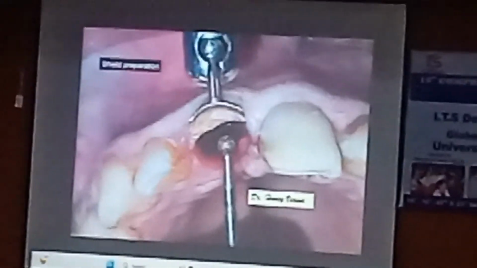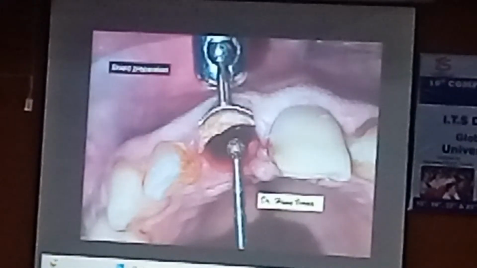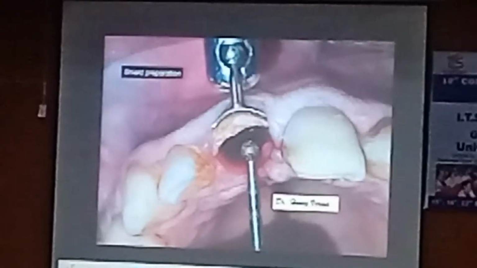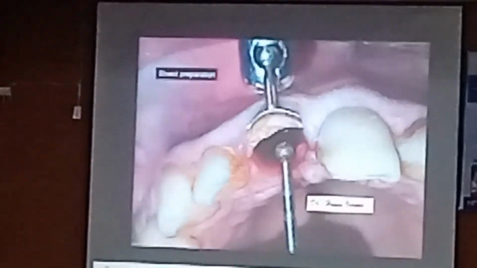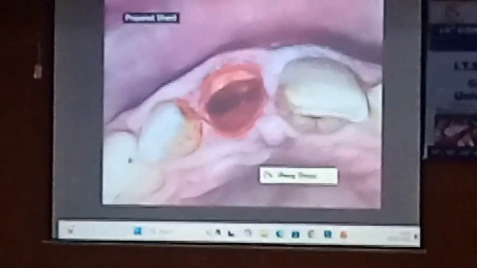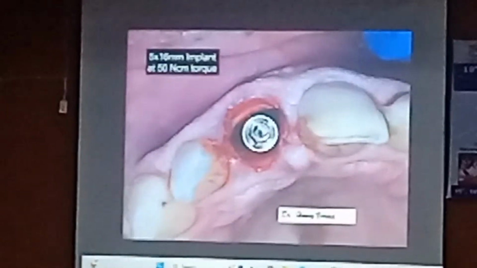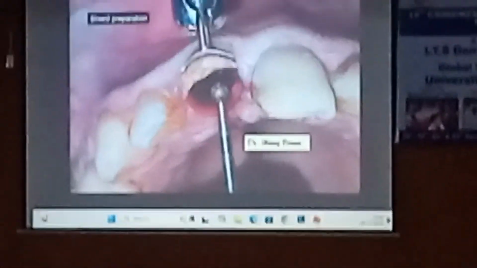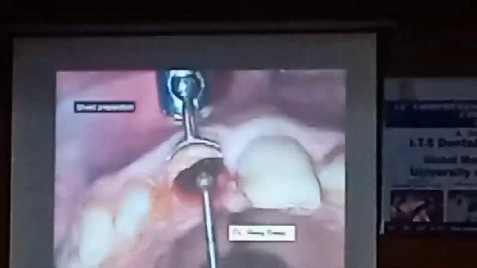What happens if we remove this part? There will be chance of buccal wall fracture. At the same time, this soft tissue contour will be lost because you fracture the bone, the buccal plate is gone, the soft tissue collapses, which will not give you a good emergence profile to your provisional or a final crown, right?